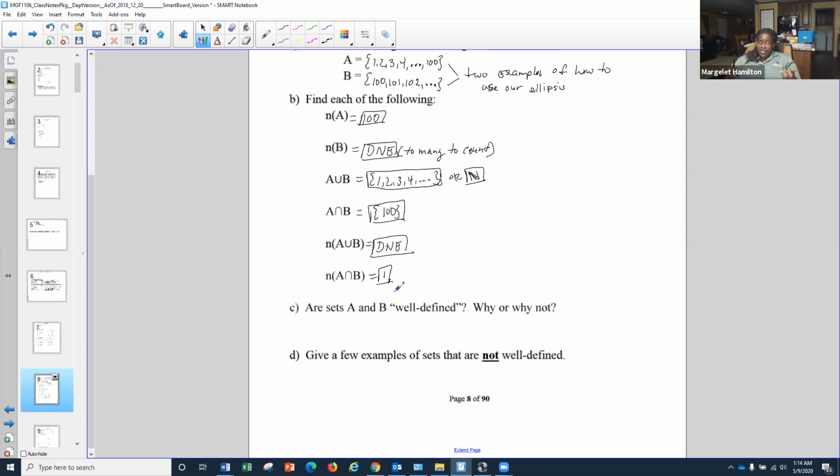So yes, this is a well-defined set because we're looking at the same information based on the knowledge that we know about our natural numbers and the notation. We're all talking about the same elements. So when they ask us, are sets A and B well defined? Yes.